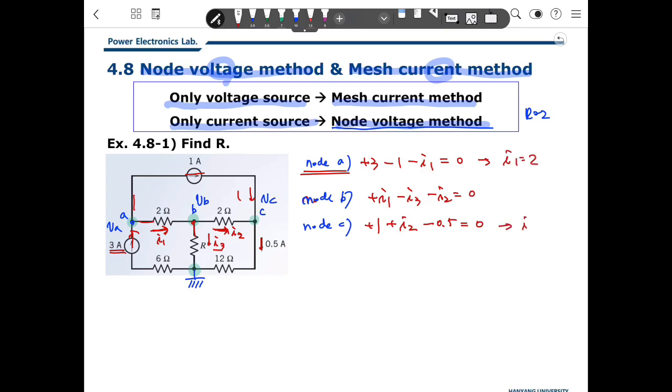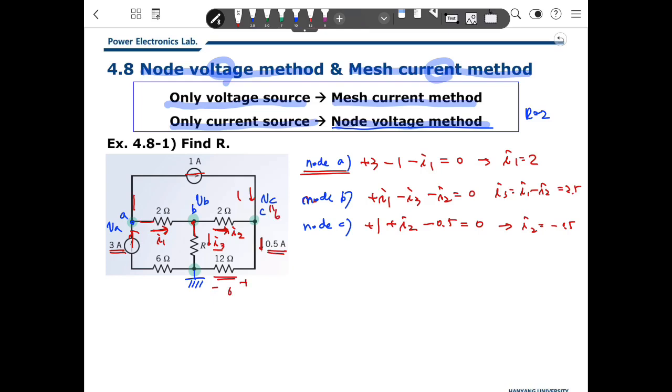So what's that? I1 is 2. I2 is minus 0.5. And how about I3? I3 is I1 minus I2. It will be 2.5. So what can we calculate here? VC is 0.5 times 12, so that value is 6 volt.